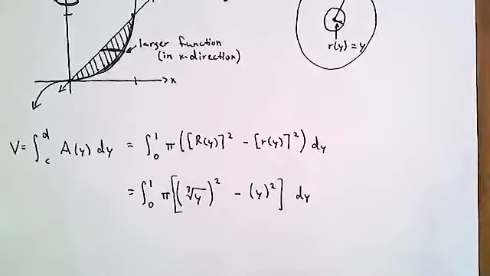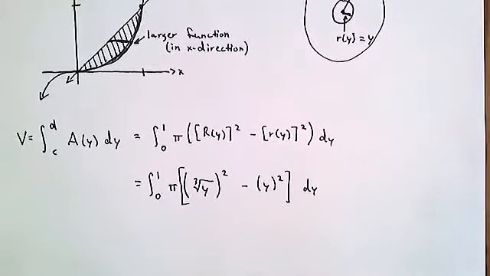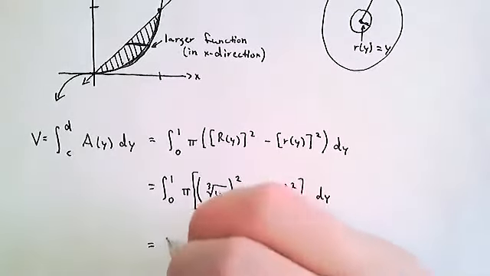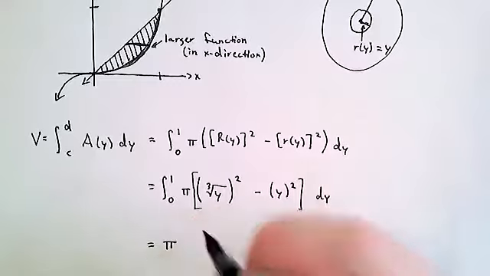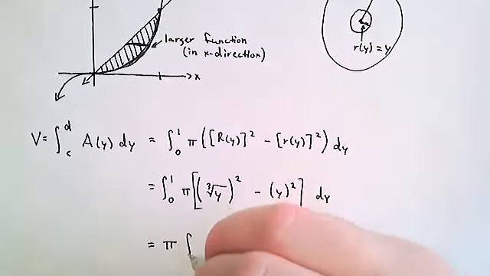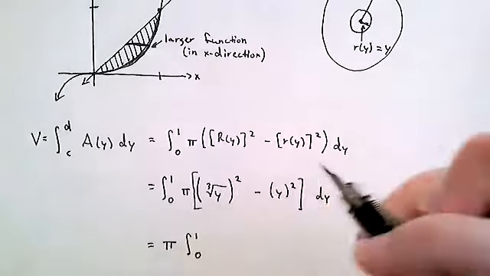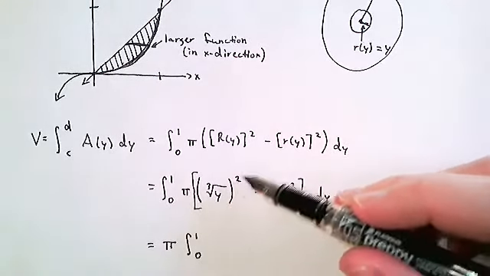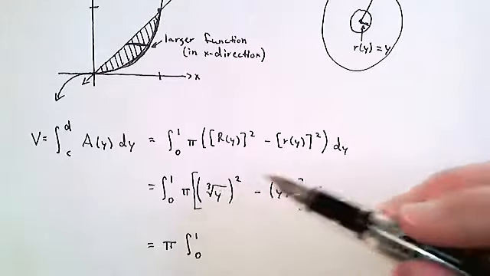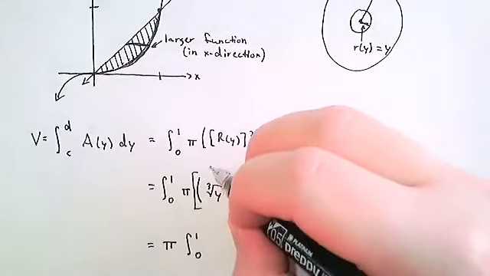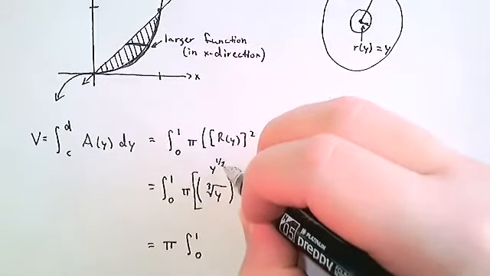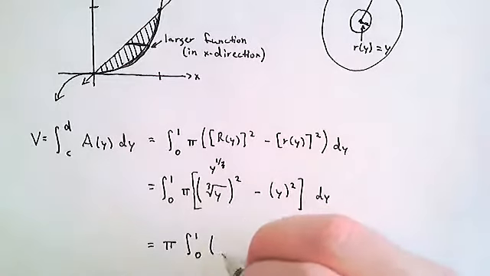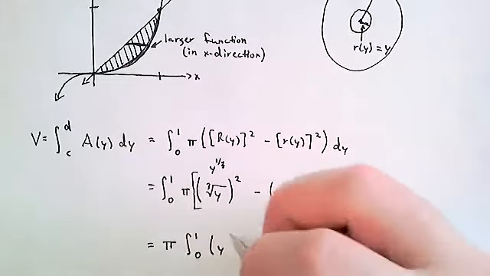And now that we have an integral set up, this is straightforward calculus. Maybe start by pulling your pi to the outside, and then taking care of these exponents. The cube root of y squared, you probably want to think about the cube root of y as y to the 1/3. And that way you can just multiply by 2 when you have this exponent on the outside.